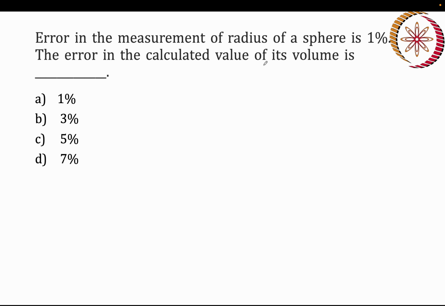The next question is: the error in the measurement of the radius of a sphere is 1%. The error in the calculated value of the volume is? So we know the relation between the radius and the volume of the sphere. The volume is 4 by 3 pi r cube, or if you don't remember this, it is just some constant times r cube.